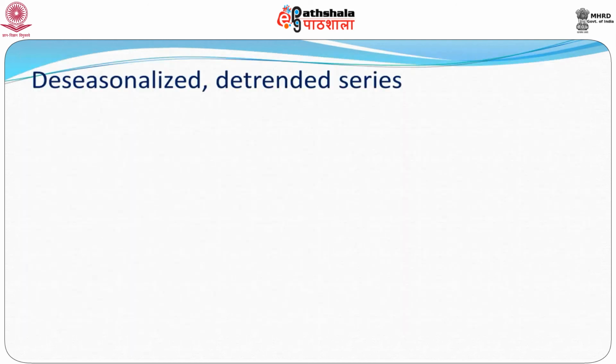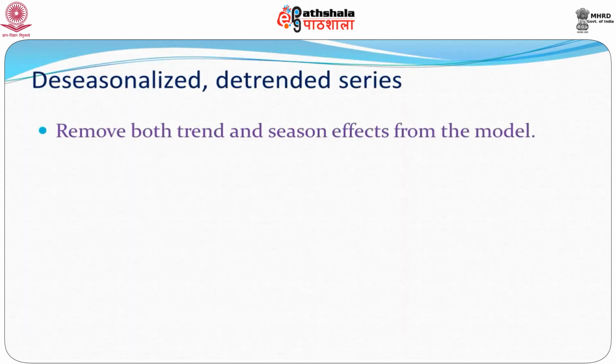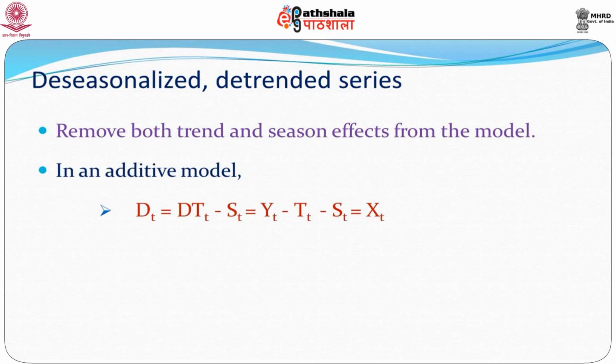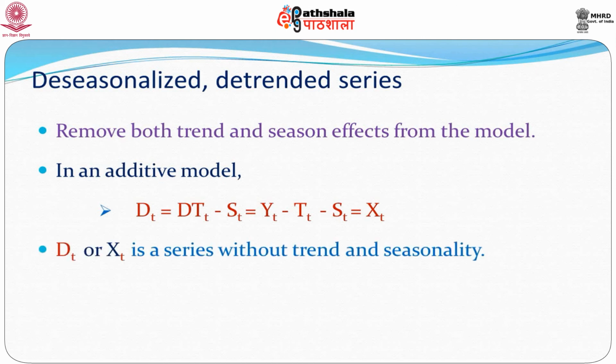So when you have got the seasonal values, we can remove, like the trend, the seasonal effects as well, and we can get a detrended deseasonalized model. We will call this dt, which is dt minus st, which is the detrended series minus now the seasonality, and which actually gives us the xt series itself.